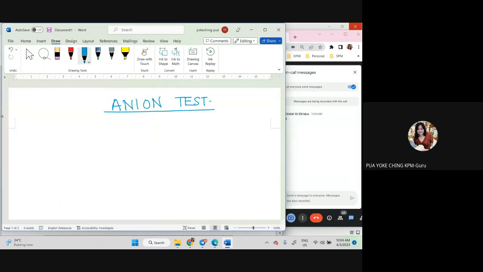Okay, so first one we have CO3 2 minus, and then we have Cl minus, and then we have SO4 2 minus, and the last one we have NO3 minus. Okay, cara nak ingat, first one, we do any test, you need add acid. But don't use the same acid lah.